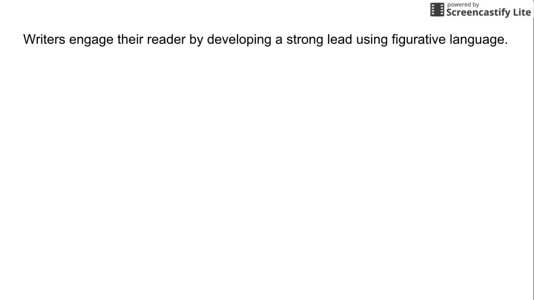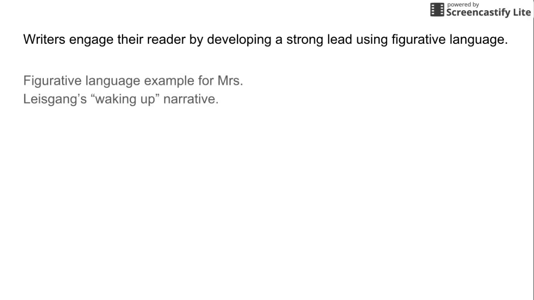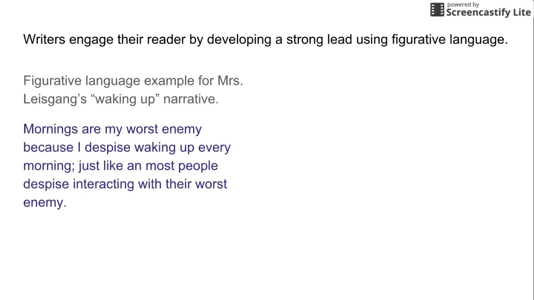So I went along the lines of using figurative language in my waking up narrative as a strong lead. And here's my example. Mornings are my worst enemy because I despise waking up every morning, just like most people despise interacting with their worst enemy.